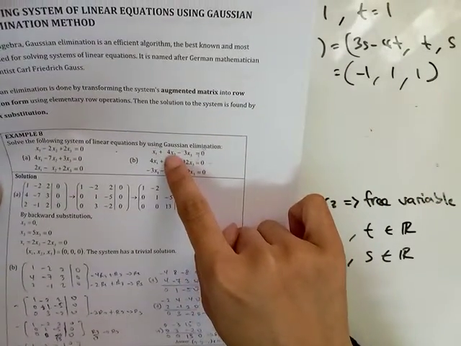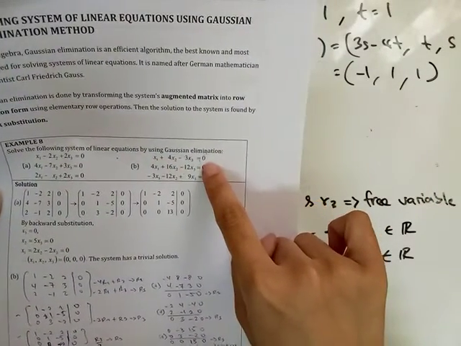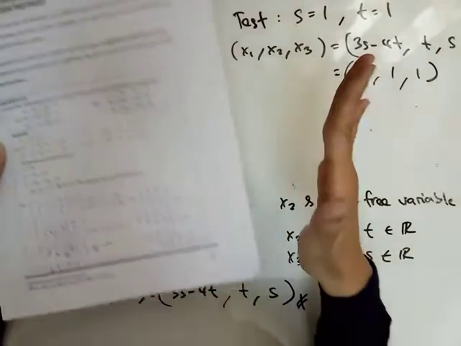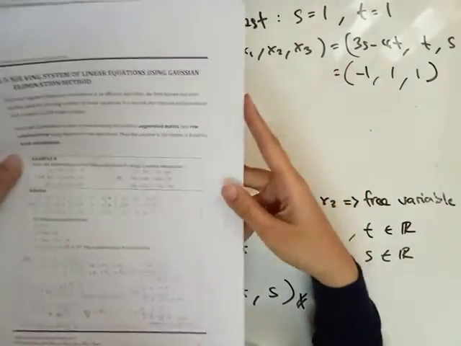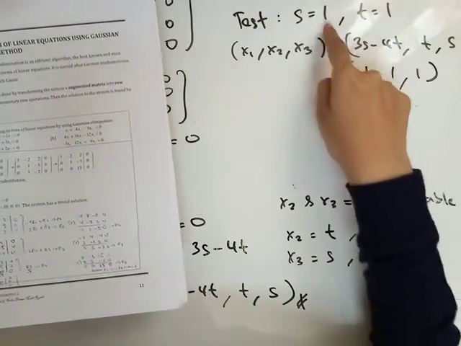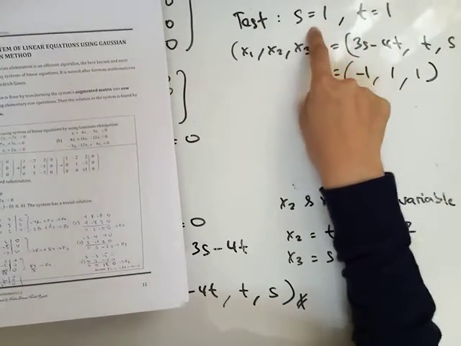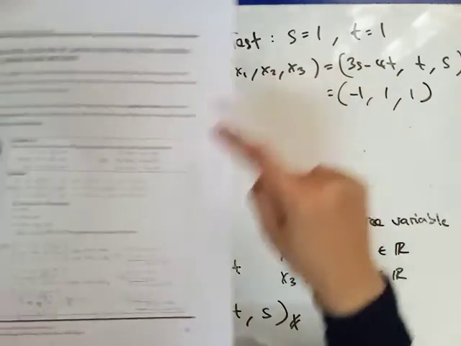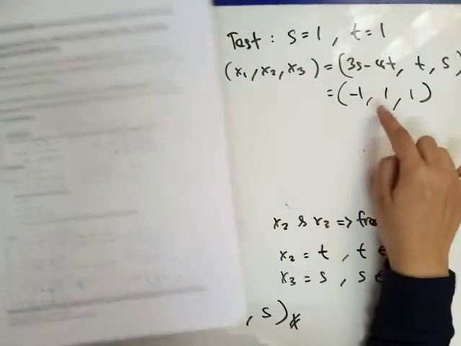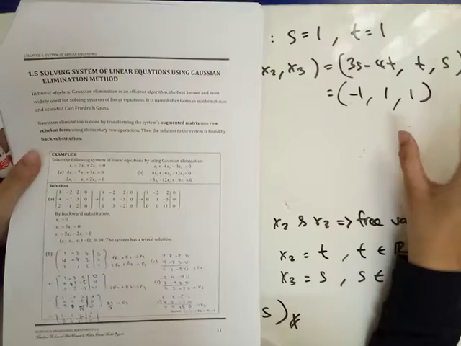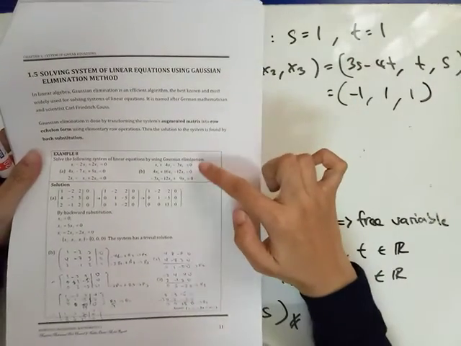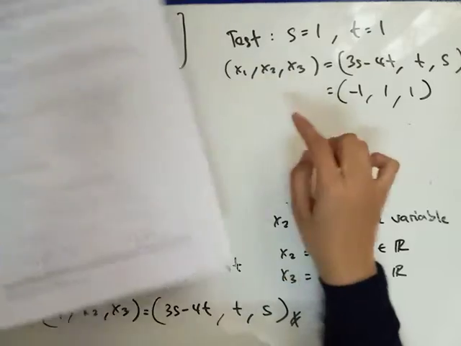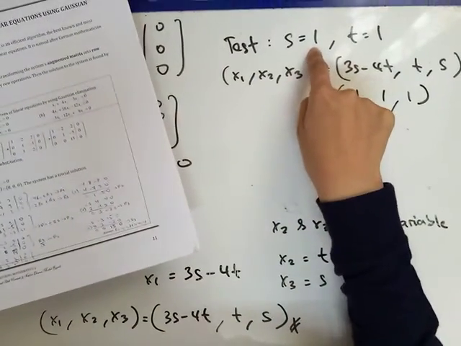Substitute into the first equation. Dapat tak equal to 0? Kalau tak dapat, that means we need to test another value here. Kalau dapat equal 0, that means negative 1, 1, 1 is a solution to the system of linear equations. If tak dapat, we can try any numbers.